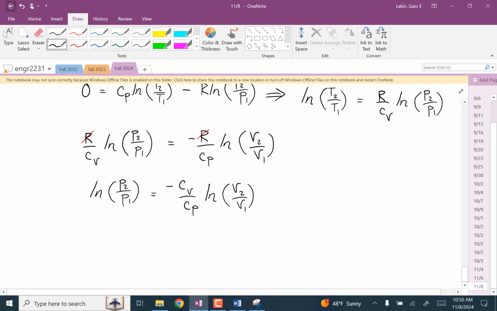Now take e to the power of both sides. That gives you P2 over P1 on the left, and e to the power of negative Cv over Cp times the natural log of V2 over V1.